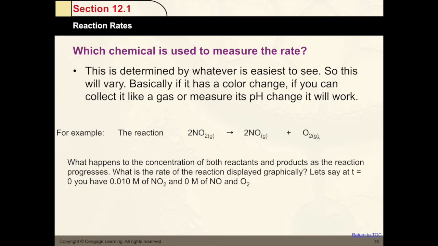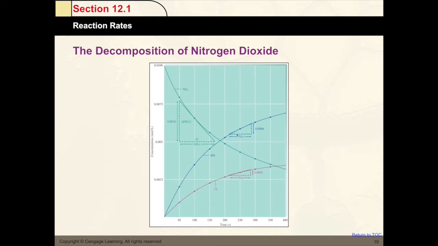What you should see is that over time, this concentration of your reactant should go down, and these two should go up. What you also have to think about is the stoichiometry, the 2 to 1 relationship, that this will start to be created at a much faster rate, as you see in the graph, a much faster molarity than the oxygen, which is about half as much.